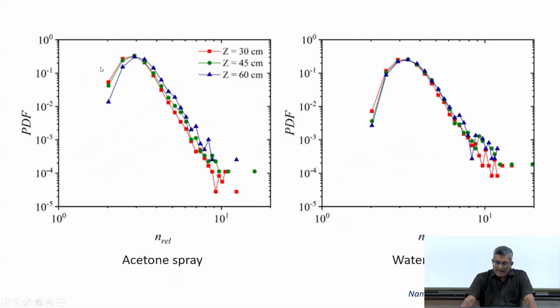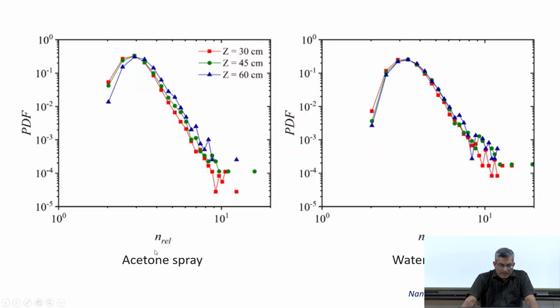Okay, so this slide shows the comparison of the relative number density. The first thing you can see is that this relative number density is within clusters only; we are showing this only within clusters. You can calculate this for voids also, and obviously the value will be low.